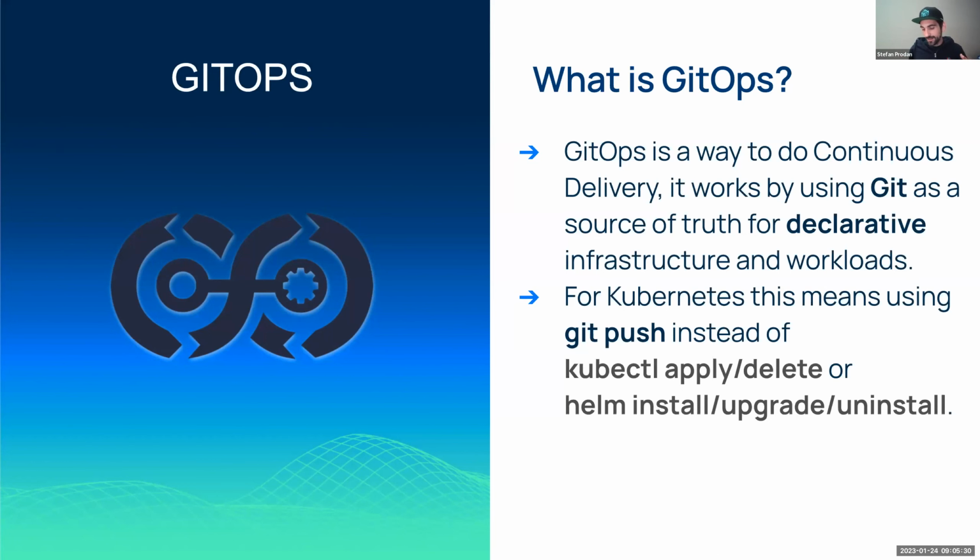The gist around this is that because Kubernetes by nature is a declarative system, instead of reaching out to Kubernetes, we can extend the cluster to observe its desired state outside and conform to it on its own without us having to go every time, connect to the cluster from our machines or from CI to change something. So the idea is that Git is the single source of truth for everything that happens on your clusters. And if you want to do a modification, you'll do a Git commit, a Git push, and then things will just happen.